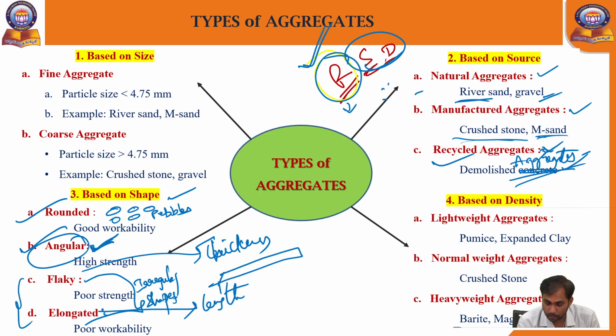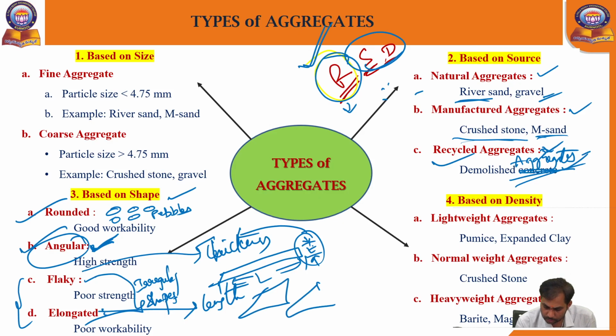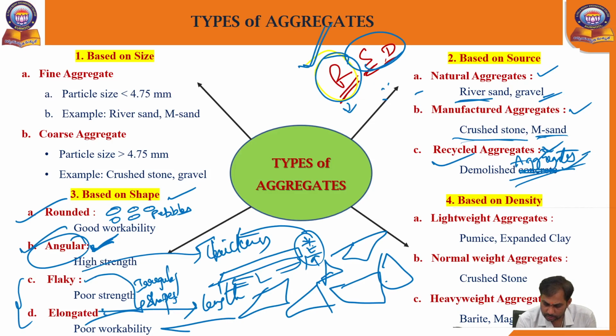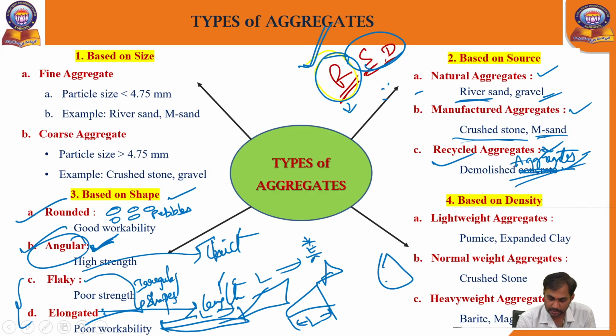See how much length it has and how much thickness it has. The thickness part is considered as flakiness. In irregular shapes, very few angles are provided. Like this, this is the length. Like this, it will be available.